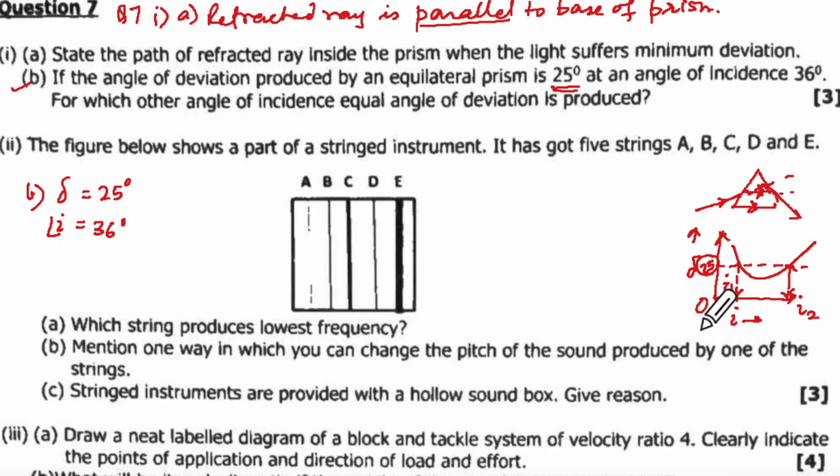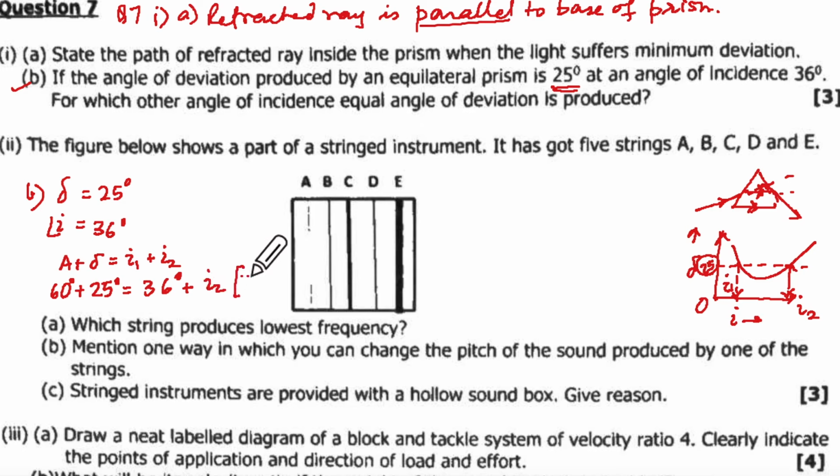So they are telling you, and now remember your formula is A plus delta is equal to I1 plus I2, correct? Yes, ma'am. So A is going to be 60 degrees since it is an equilateral prism, and it is equal to I1, which is 36 degrees, and I2 I do not know.